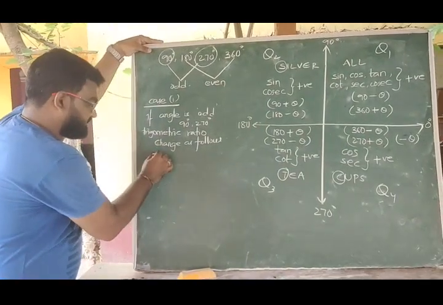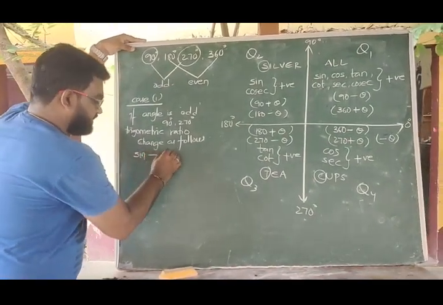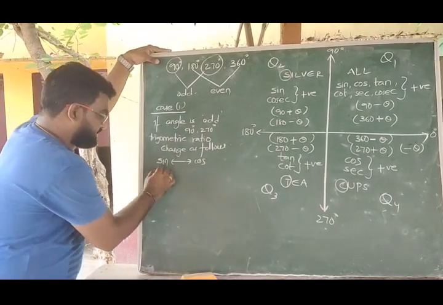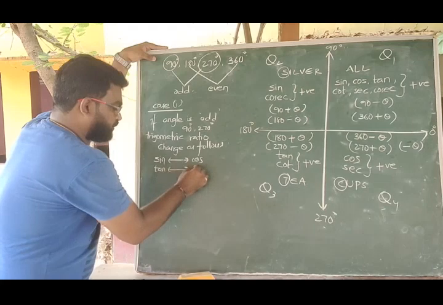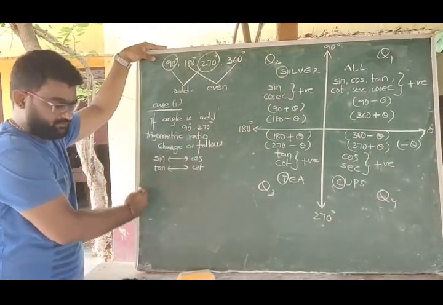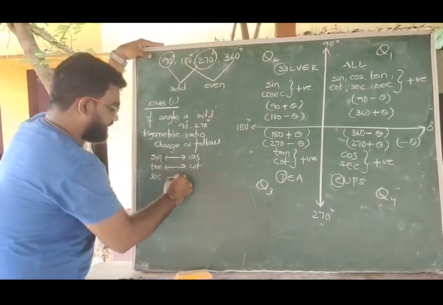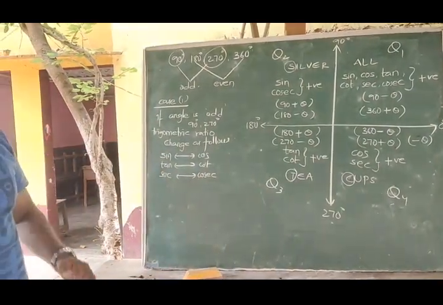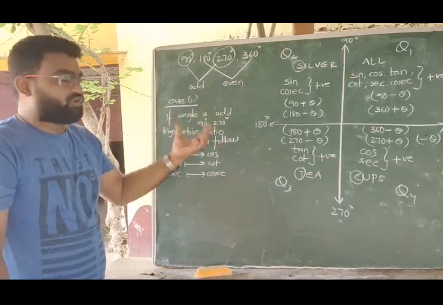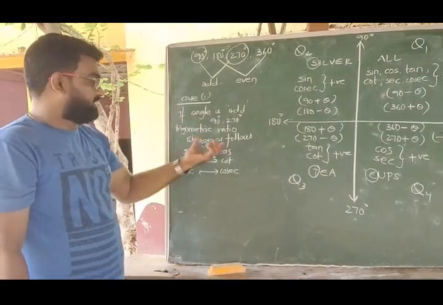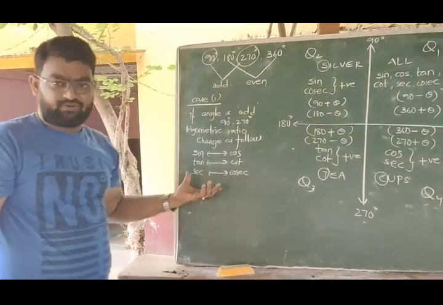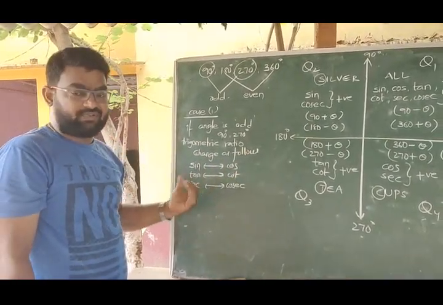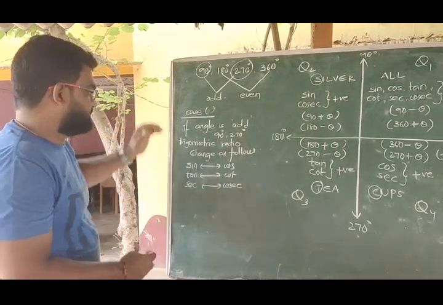How? Sine into cos, cos into sine. Tan into cot, cot into tan. Secant into cosecant, cosecant into secant. Okay? If the angle is odd, then the ratio changes as follows: sine into cos, cos into sine, tan into cot, cot into tan, secant into cosecant, cosecant into secant.